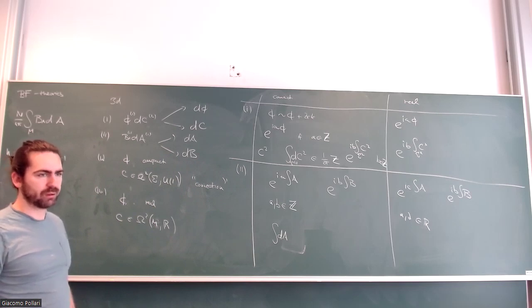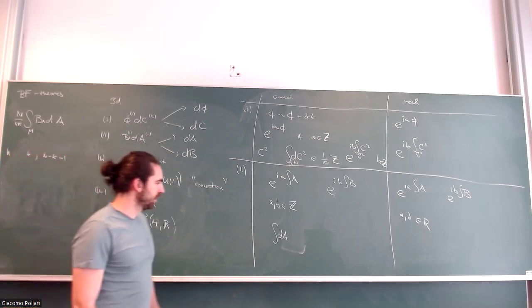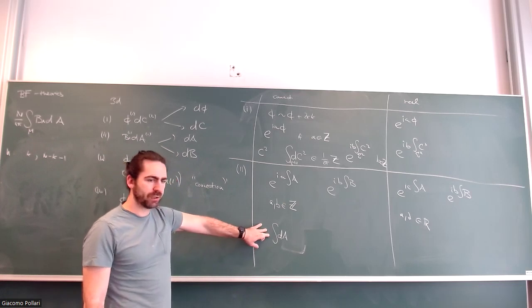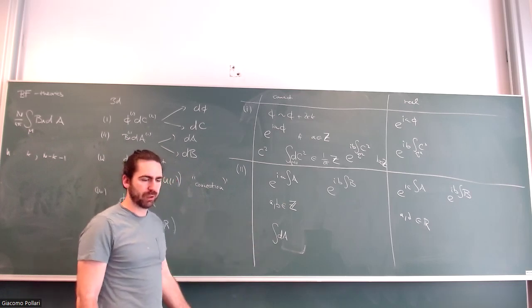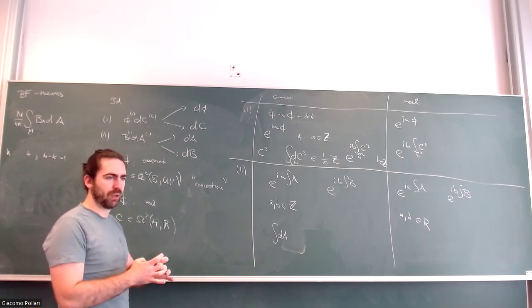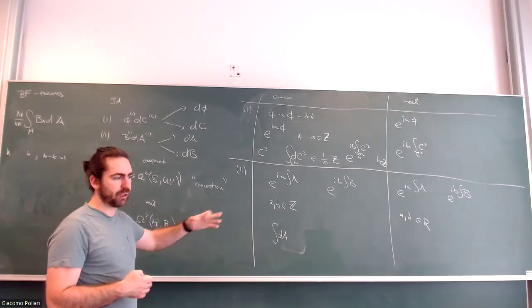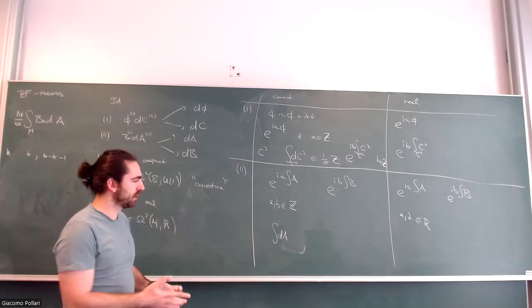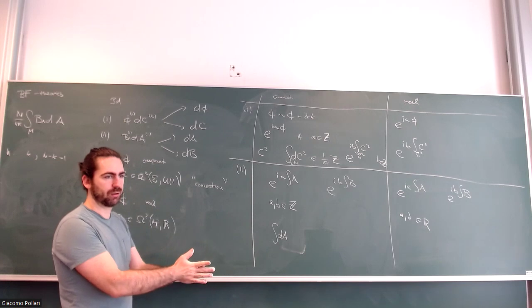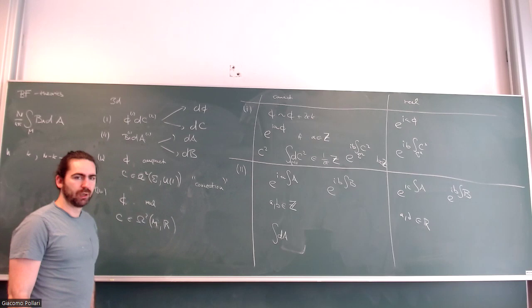So it should be an analog of this quantization condition. I cut it along the patch overlap and use the fact that there are large gauge transformations, but they are U1 valued. So at least I know that it's valued in Z, or multiples of Z.